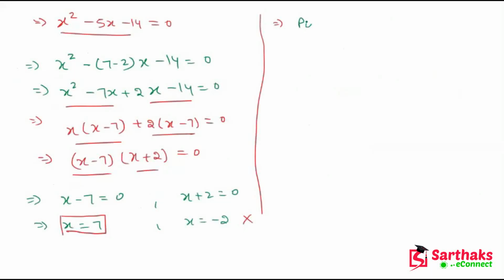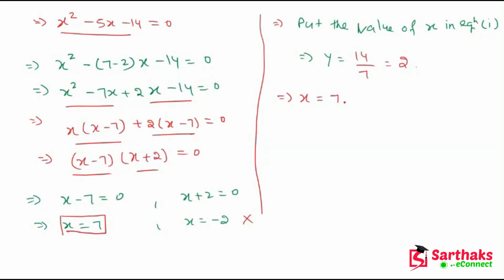So we put the value of x in the equation, and we get y equals 14 upon 7, which is 2. Now we have x which is 7 and y which is 2.